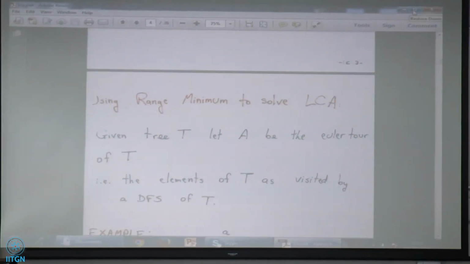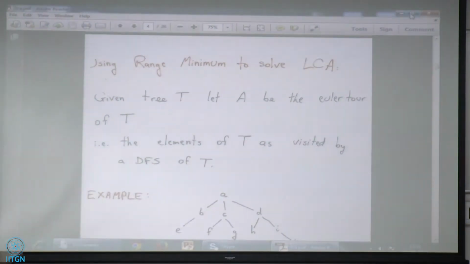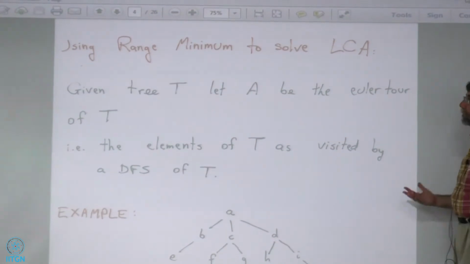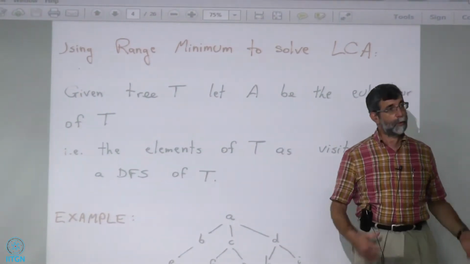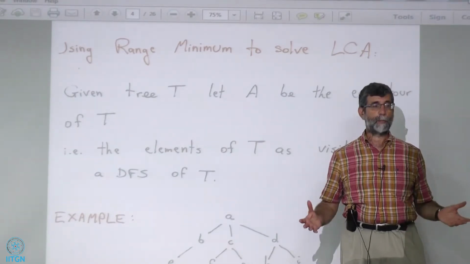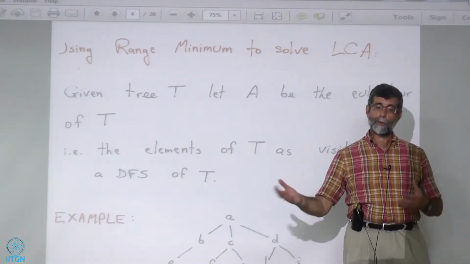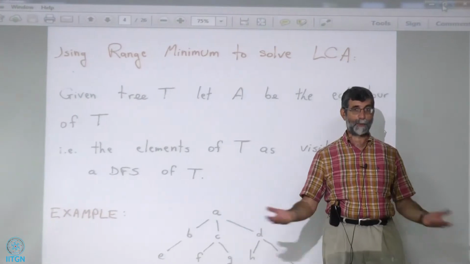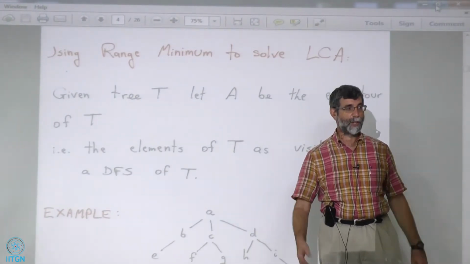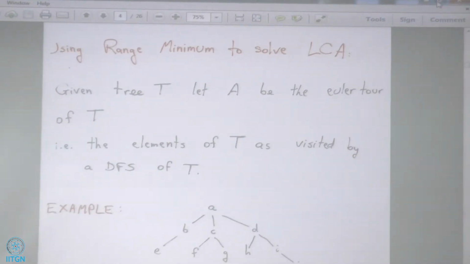So the other direction is, assuming that we know how to do range minimum, can we then use that to solve LCA? So that's the other side of the coin, and we'll show that we can do that also. And at that point we'll say, okay, so this one can solve that, that one can solve that, but we really don't know how to do either of them. So how do we help each other here? So that's what's going to happen.